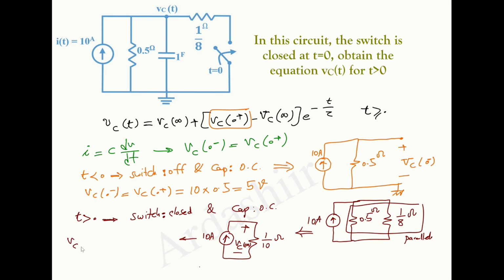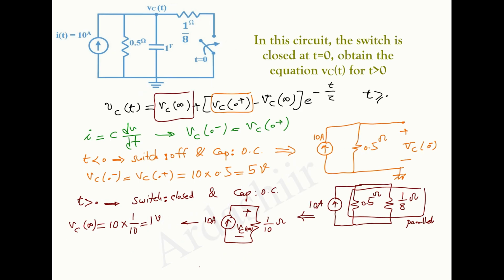So Vc of infinity equals 10 amperes times 1 over 10, so it equals 1 volt. And so with this method we define the Vc at infinity also. Now we want to define tau in this equation also.